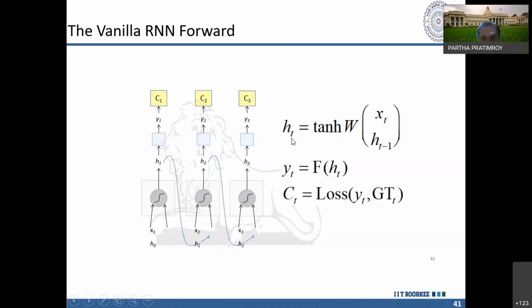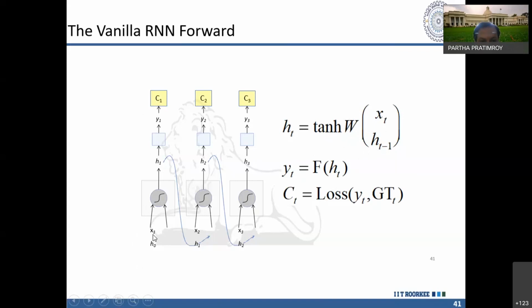And you have ht, which is tanh or a sigmoid function of the weight matrix. You can write it like w into ht minus 1 and w into xt.